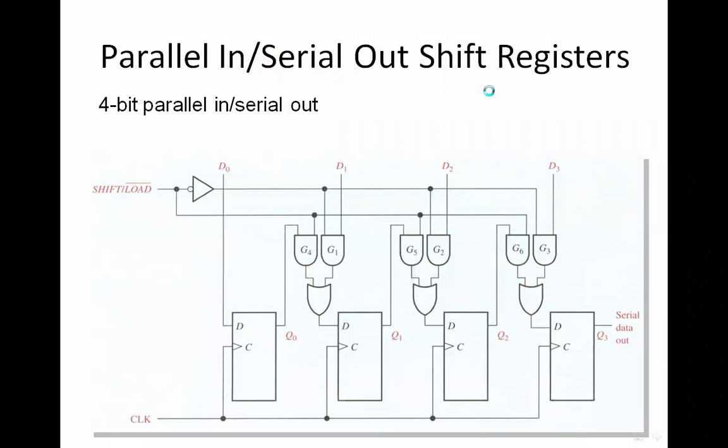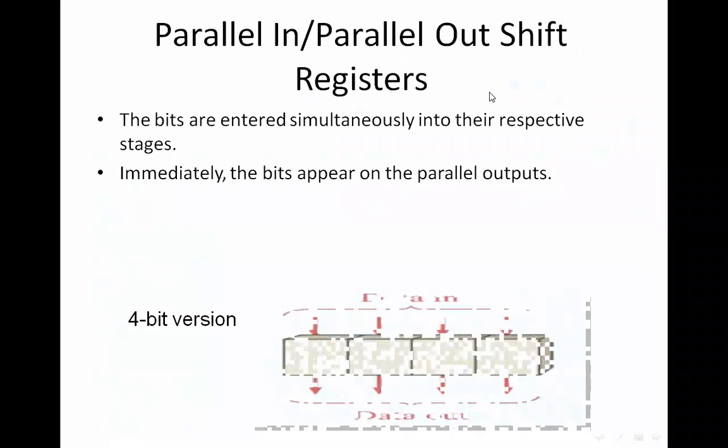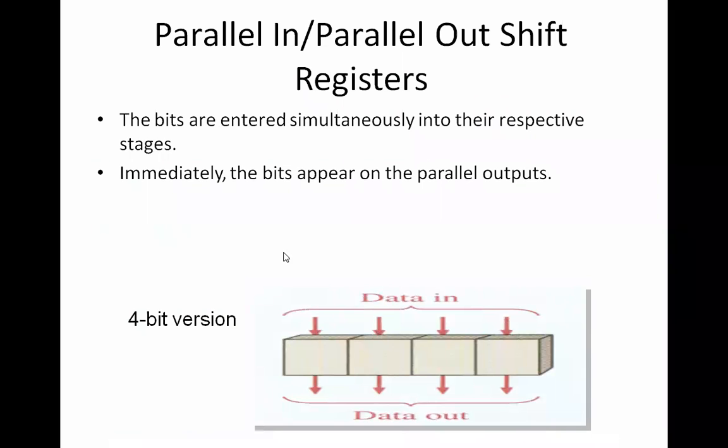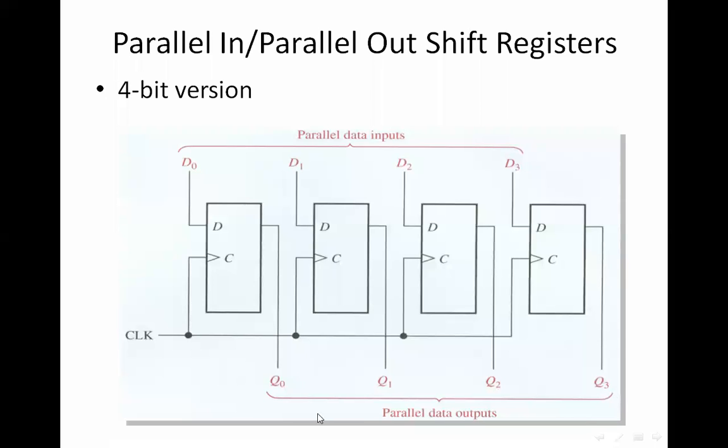So that is what we are trying to achieve in parallel in and parallel out. So that is what you can see here. As soon as the data enters in, the same data comes out. Okay, so you can see here that your output, okay, Q naught is actually not connected anywhere. It is just taken outside. That's it.